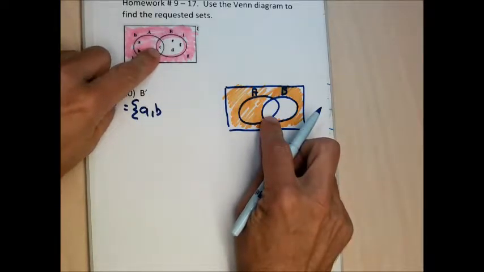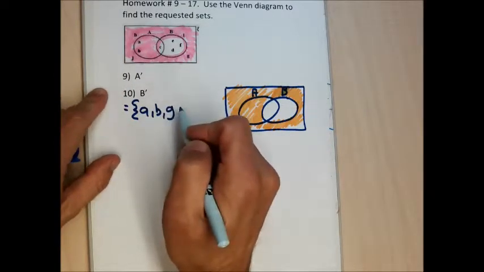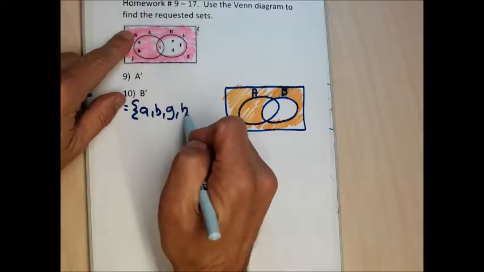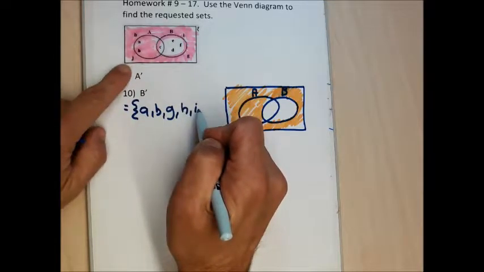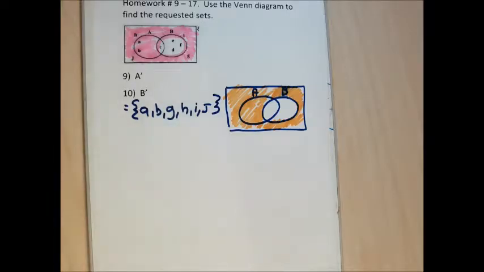The D, E, and F aren't shaded. That's part of my answer. G is. H is. I is. And J is. Pretty sure that's everything that I have written here.